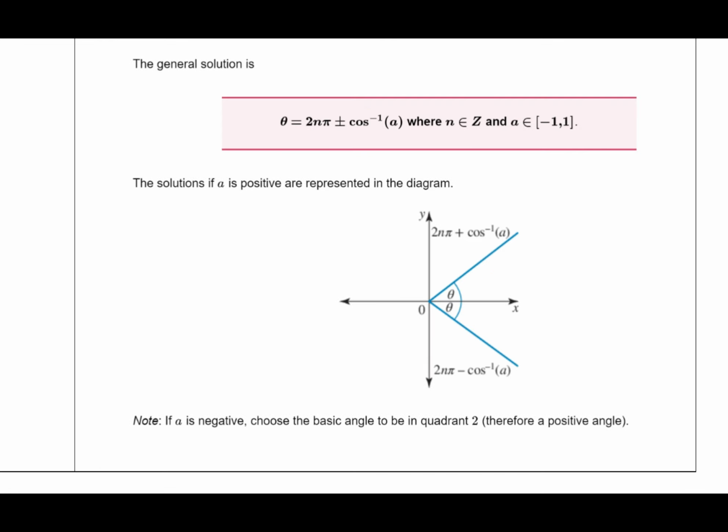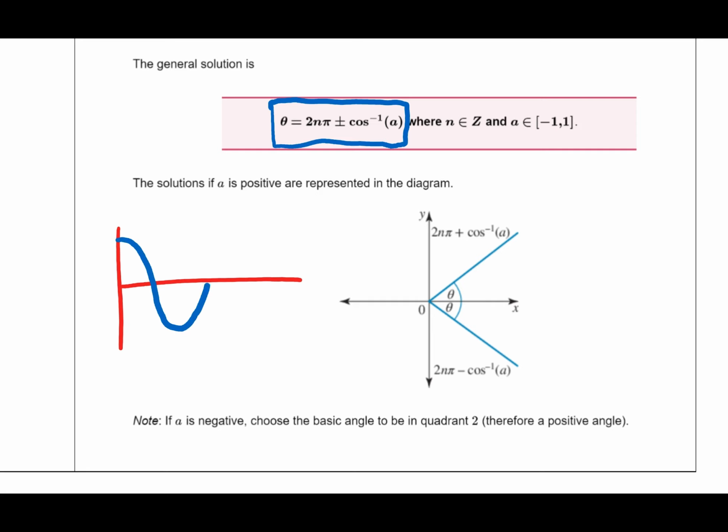Now the general solution for cosine is much easier. There's only one rule that we need, because the cosine is an even function. In fact, if we just sketch a little graph of this very quickly, we can see that our graph looks like this.